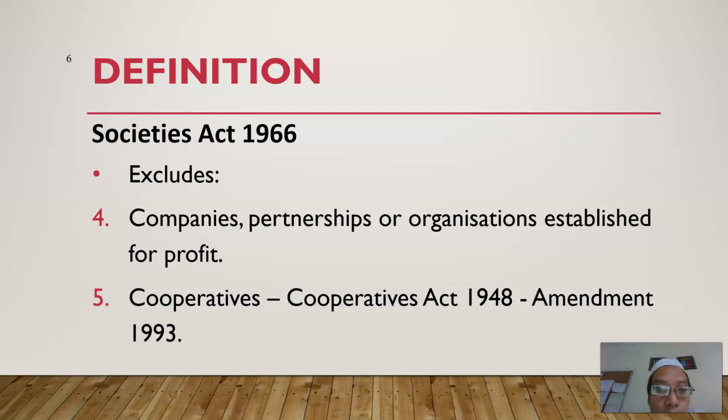If they are established for the main purpose of getting profit, then they automatically will not be regarded as non-profit organizations under the definition of the Societies Act. And then cooperatives are covered directly under the Cooperatives Act, so they are not included in the Societies Act as non-profit organizations.